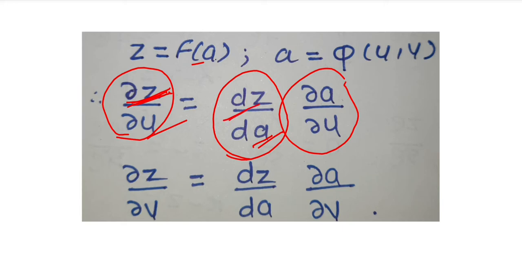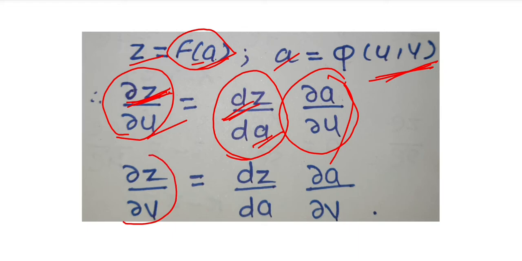Why did we write dz upon da here? Because z is a function which is only dependent on the single variable a, so it will be completely differentiated. But a is a function which is dependent on both u and v. There are two variables here, so we wrote the partial differentiation of a with respect to u.